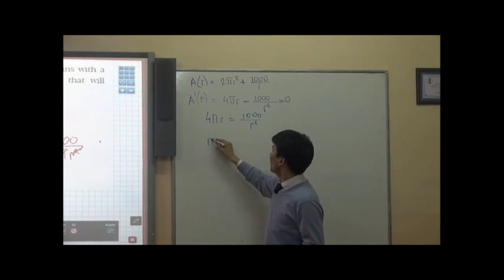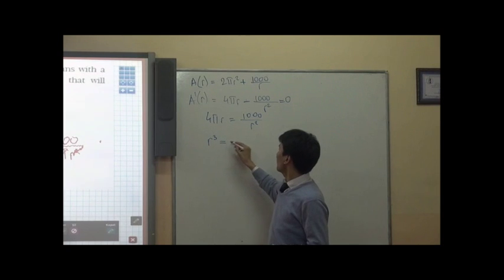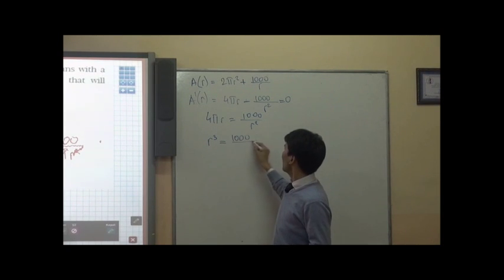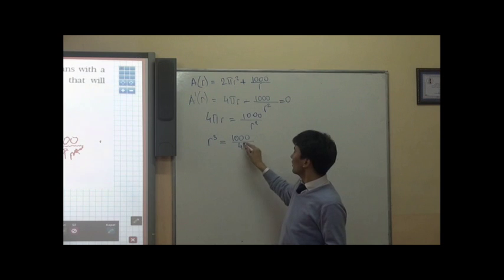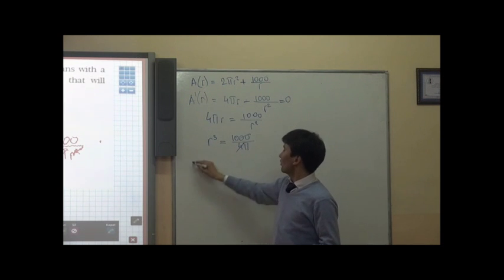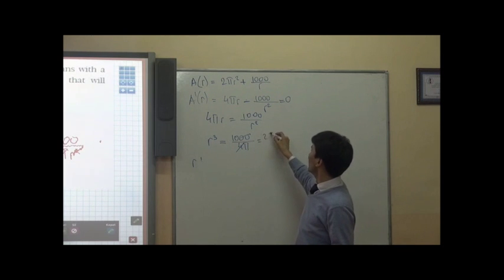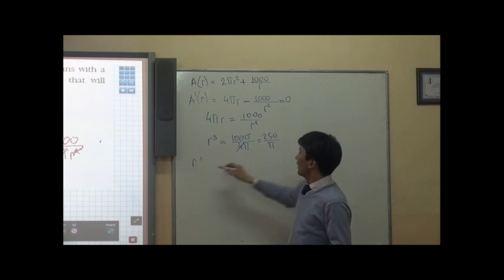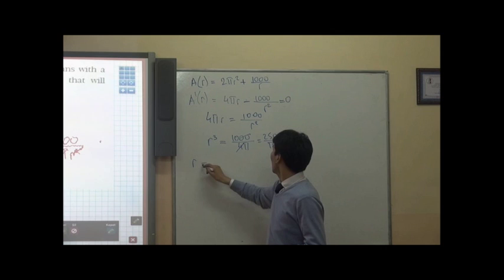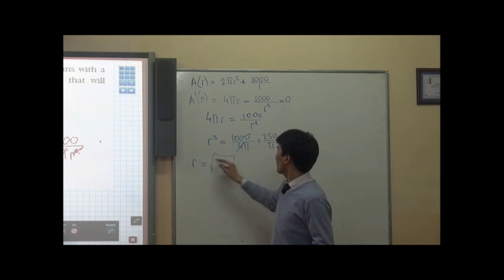Now r cubed is equal to 1000 over 4 pi. I can cancel, and then we have r cubed equal to 250 over pi, and r is equal to the cubic root of 250 over pi.